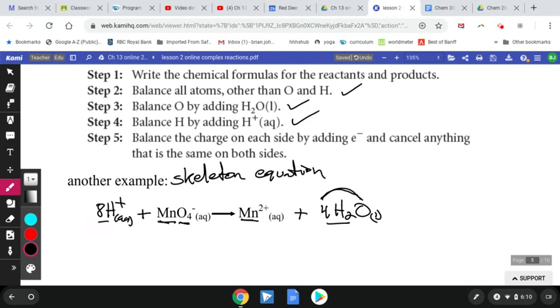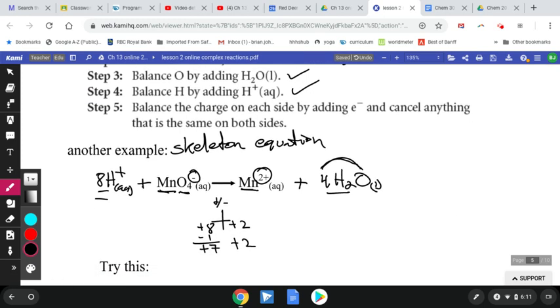Now all we have to do is add electrons to the more positive side. I'm going to use a little chart to help me out here. Plus, minus. I've got plus 8, minus 1. Don't forget about that. Plus 2 and 0 for the water. So we're at plus 7 and plus 2.